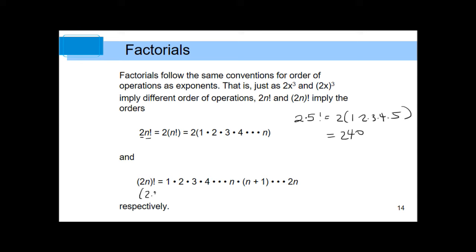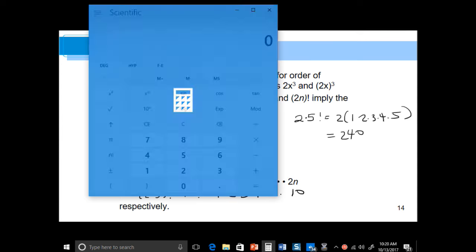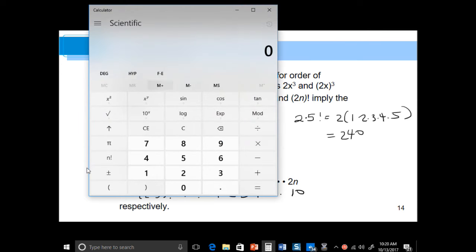So if you have (2 times 5) factorial, of course you need to do what's in the parentheses first. So you have 10 factorial, which is a much larger number. 1 times 2 times 3 times 4, all the way up to 10. Let me grab my calculator here.